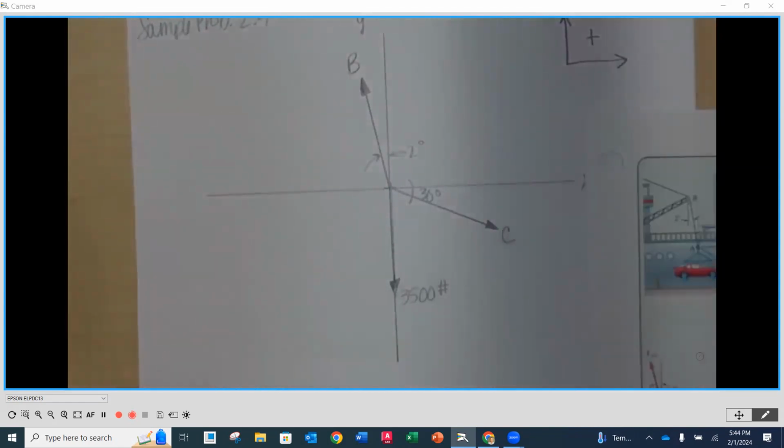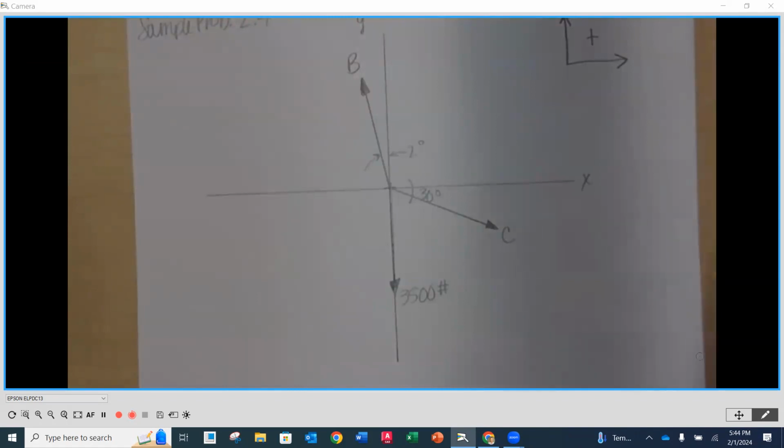So we're going to call that C. Sometimes there might not be letters, but you're going to have to call each one of your vectors something. Do not call it X, Y, or Z. Those are off limits, because those are axes identifiers. But A, B, C, F, P, Q, we see a lot.